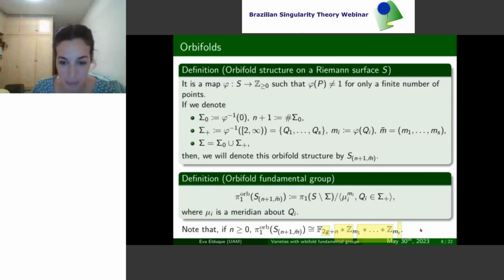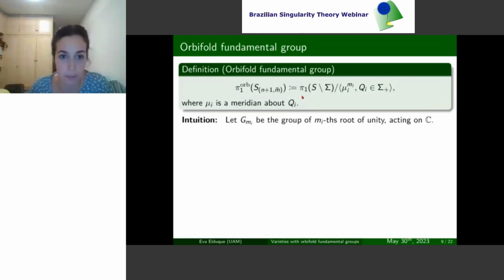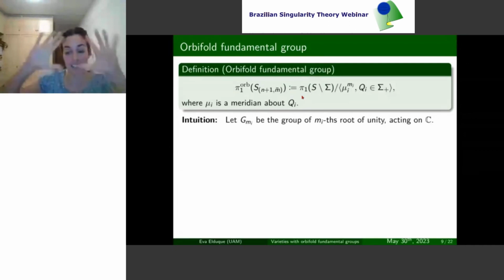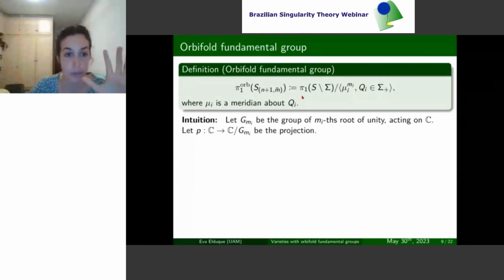Okay, so let me try to give some intuition about this definition. So I just copied the definition from the previous slide. And let me give an example. You have the group of m-th roots of unity acting on the complex plane.